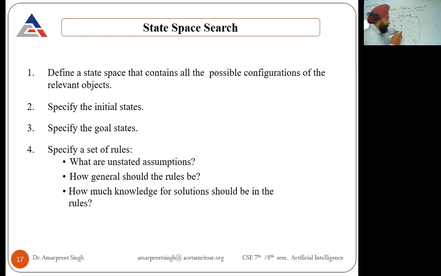So many moves are there, many steps are taken. Each step leads to a new state. But in some games or problems, there is only one state which can be treated as the goal state, while others have more than one goal state. In a cricket game, if anyone has scored 255, then you have to reach 256.